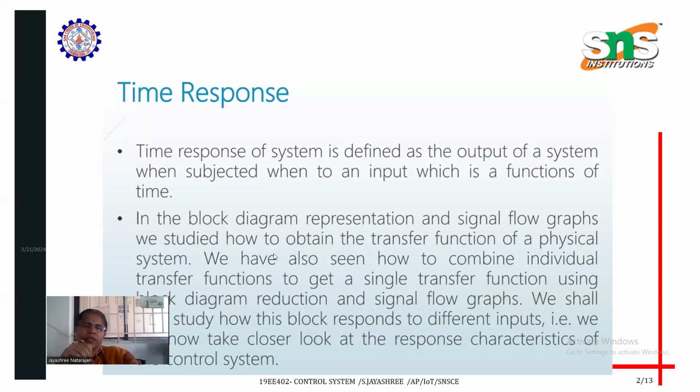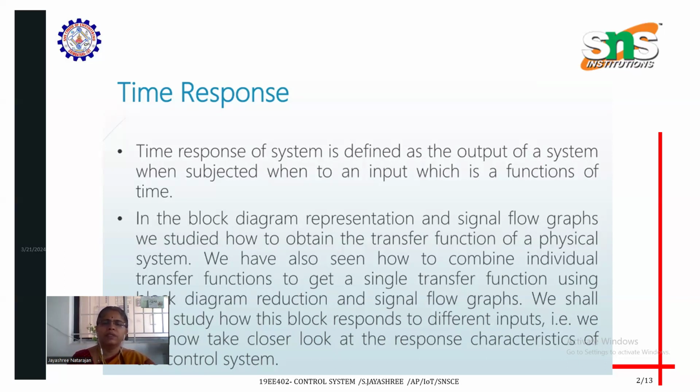There are different types of signals: step signal, ramp signal, impulse signal, parabolic signal. Based on the input given to a system, how the output will be, that we are going to discuss. So, time response of a system is defined as the output of the system when the input is a function of time.